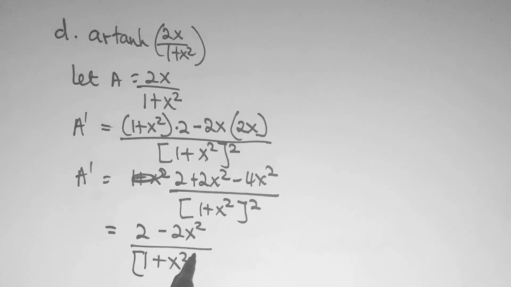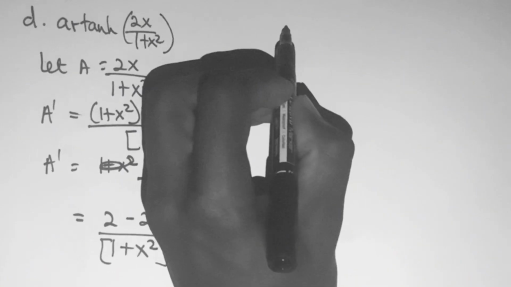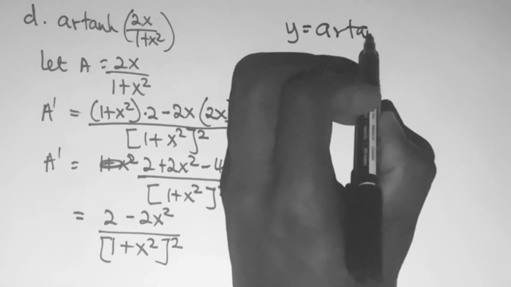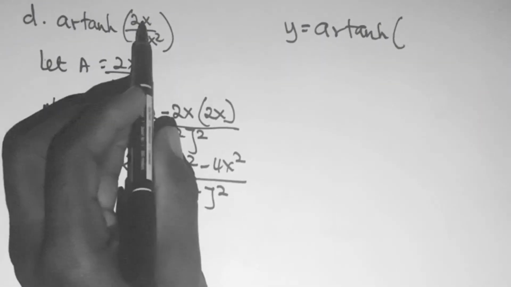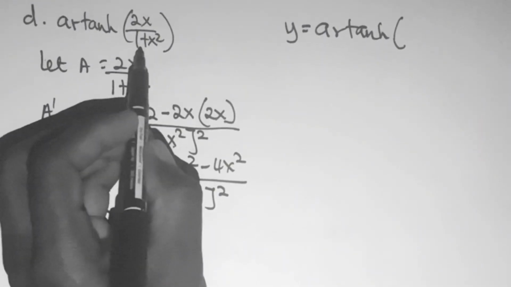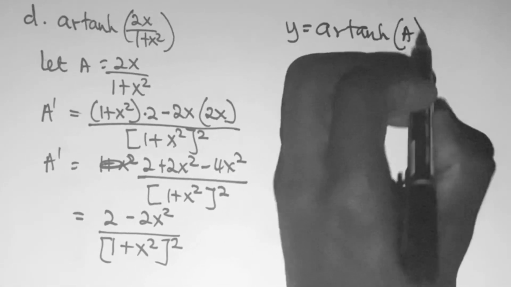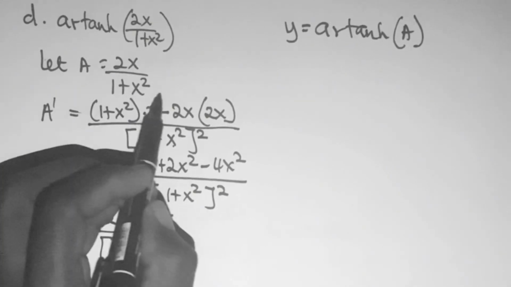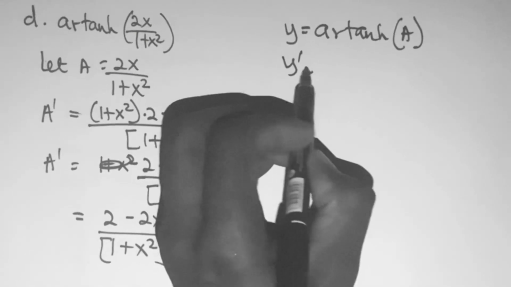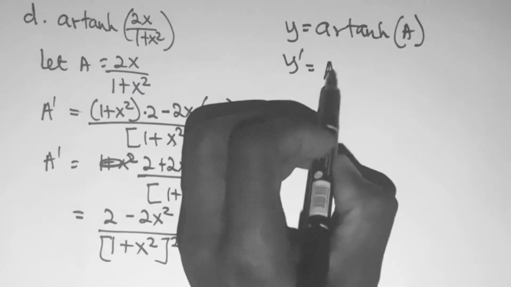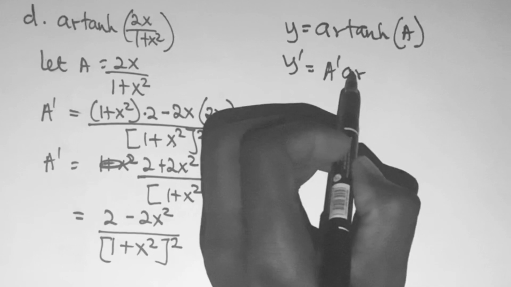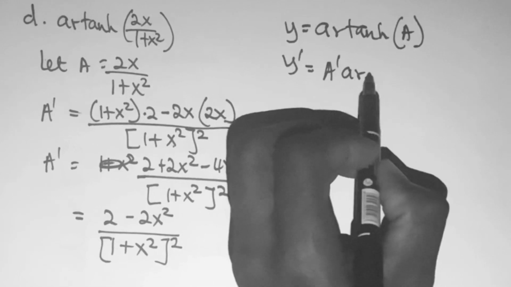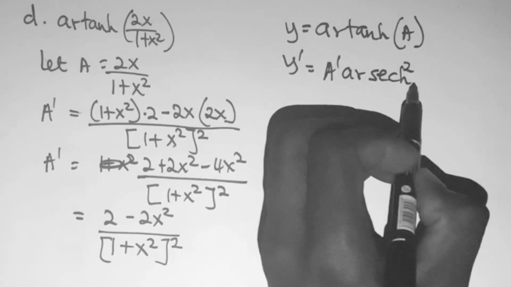Let's let y be equal to this function, which is artanh of, now instead of writing 2x over 1 plus x squared, I'll write a, because we've already said a is 2x divided by 1 plus x squared. So y prime is equal to, if you differentiate a, you get a prime, then artanh, and if you differentiate tanh a, you are going to get the hyperbolic sech squared a.